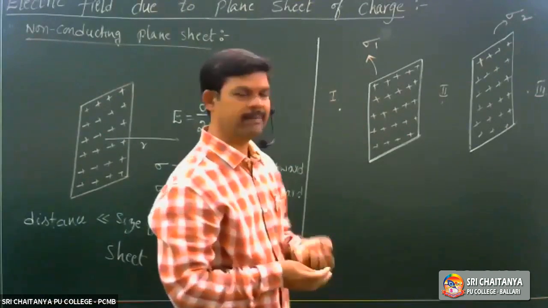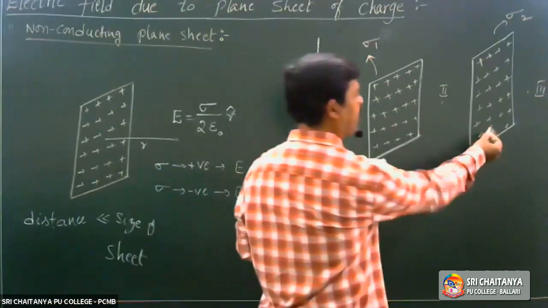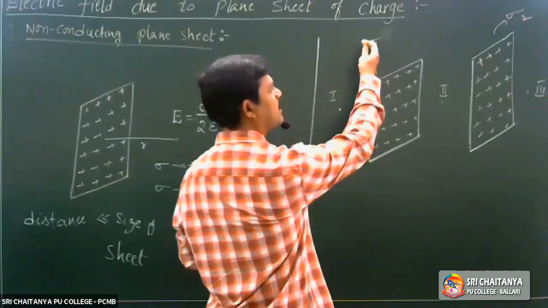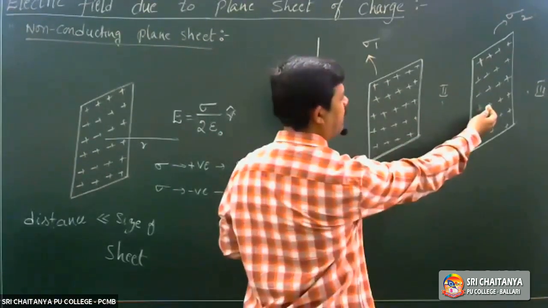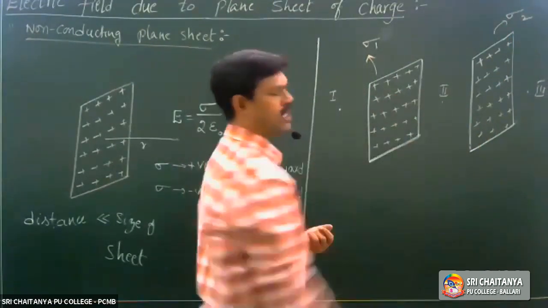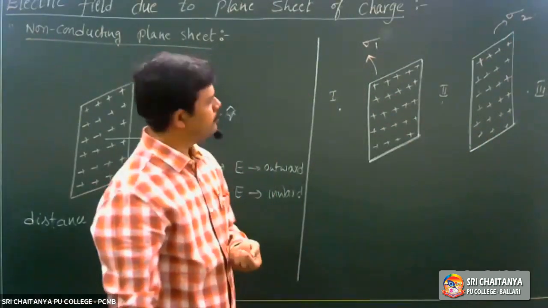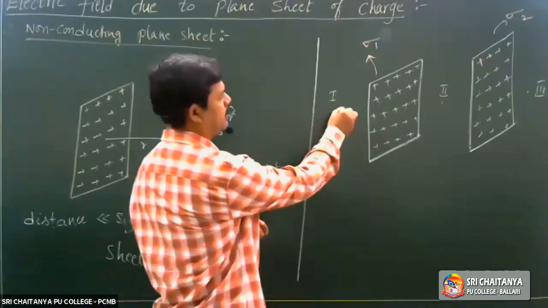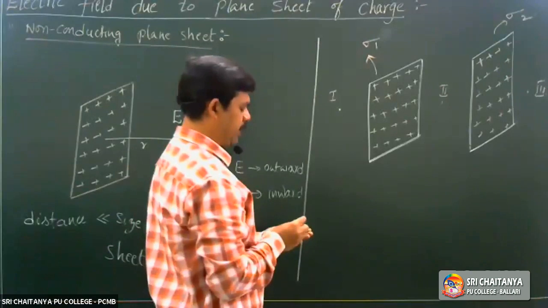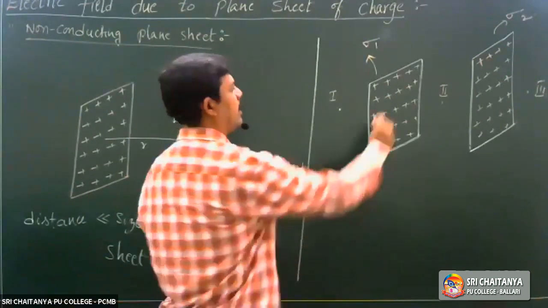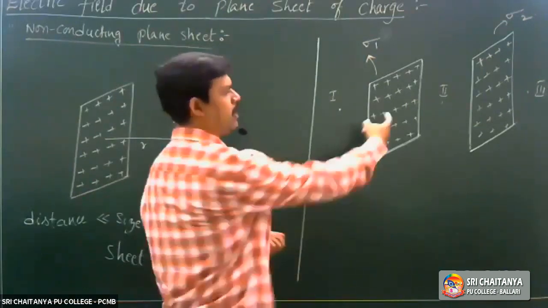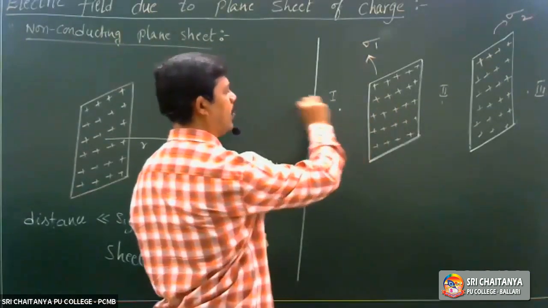Then see here. If you see these 2 plates, on this plate, charge density is positive. On this plate, surface charge density is positive, because they have positive charges. If you come to this point, due to this plate, if I ask the electric field, in what direction is it? Always outward, right? Positive, so this is outward.